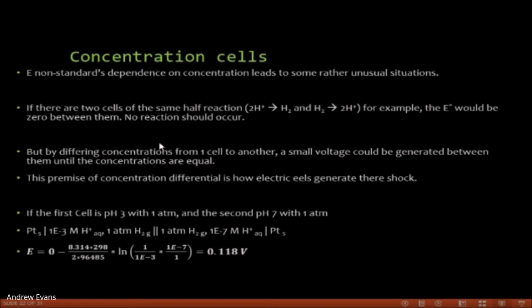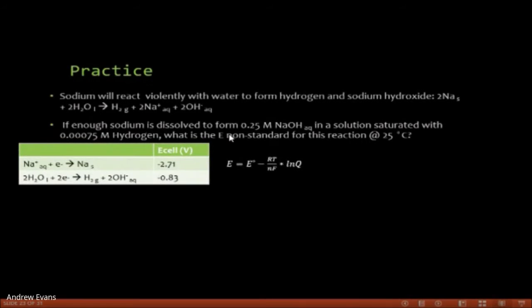But the whole idea of concentration cells is, in this case, by having one being a mildly good acid and the other being neutral, we can generate a rather significant voltage. It's once again much like in the G non-standard. It changes it by a couple of kilojoules here and there, maybe not a massive change, but it can still have a significant change. Enough that it would screw up your math.